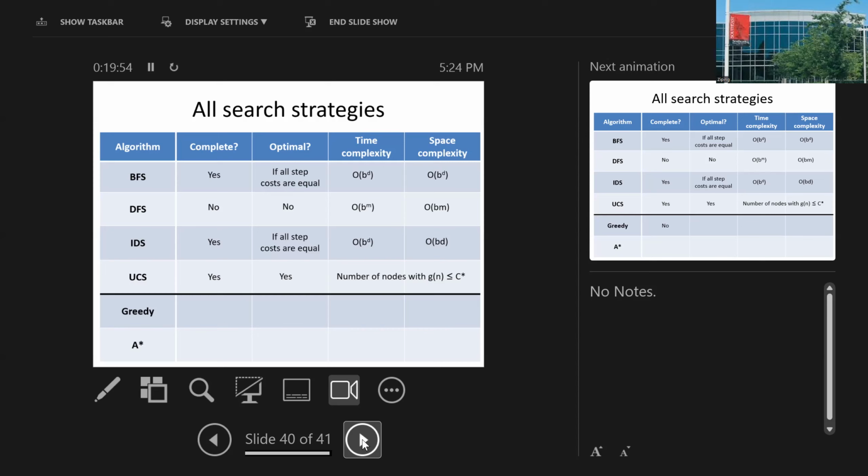For admissible, A star search optimal. Then that's fine. Okay, so these are just general ideas.